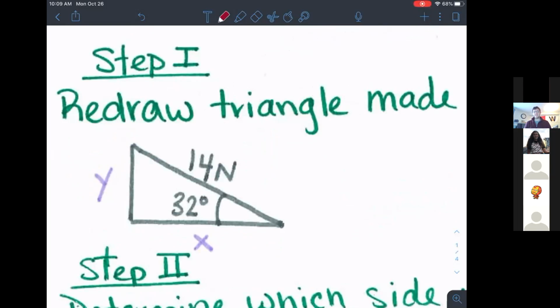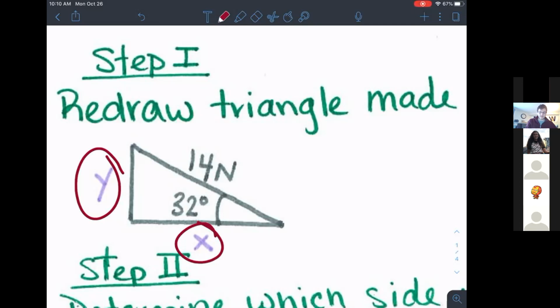We're doing it again, but in the future we are going to be adding in multiple vectors, which is why we're going through this again. We draw our triangle. We have our X in the X direction and our Y in the Y direction, which means now we have to figure out which trig functions to use to solve for each of those.